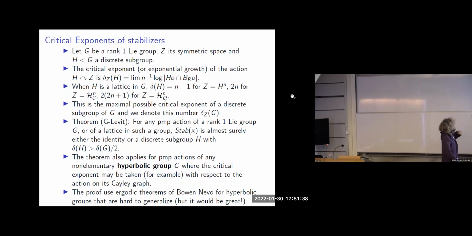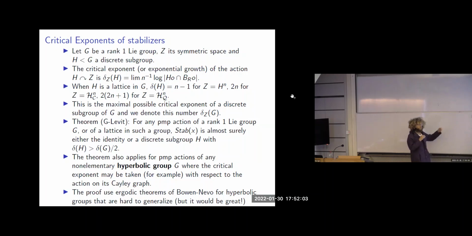You can say lots of things about it. So the critical exponent, or exponential growth rate, of the action is the following. You take a subgroup, hopefully a discrete one. You look at the number of orbit points in a ball of radius r.